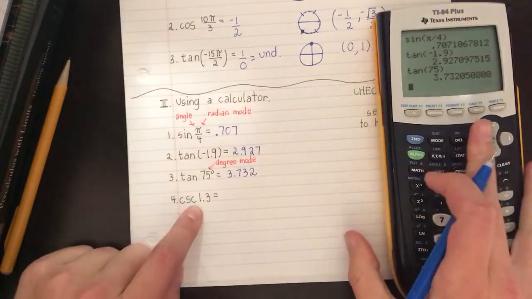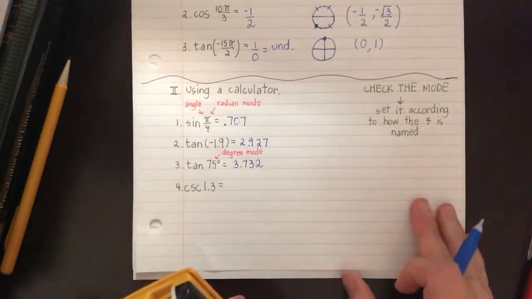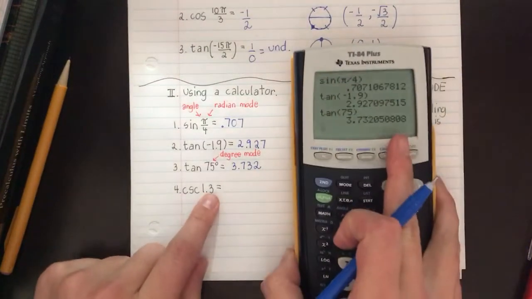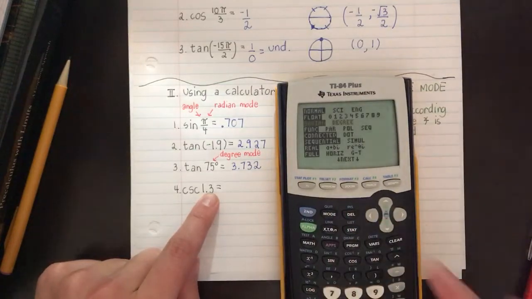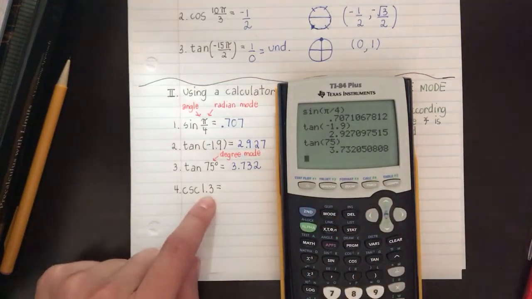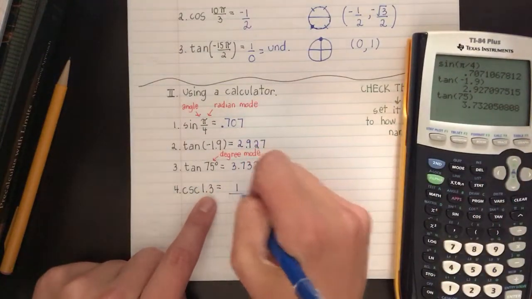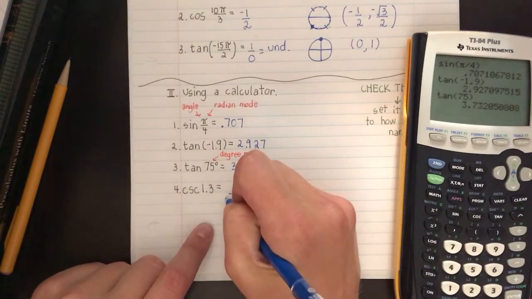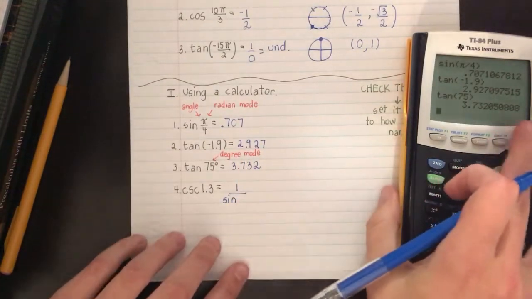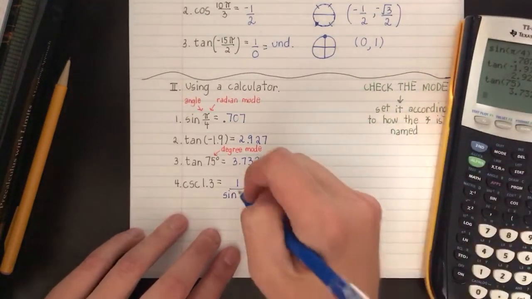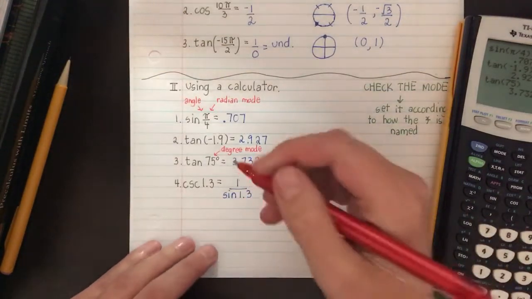Then cosecant of 1.3. No degree sign, so I need to go back to radians. Second quit. Remember that cosecant is the reciprocal of sine, so that's like 1 over sine of 1.3.